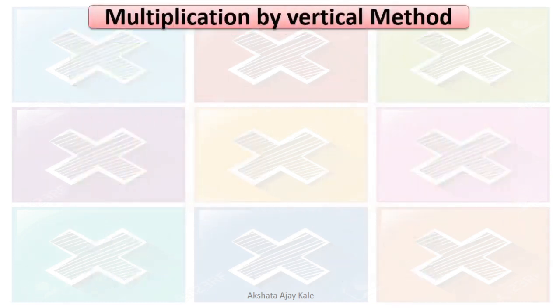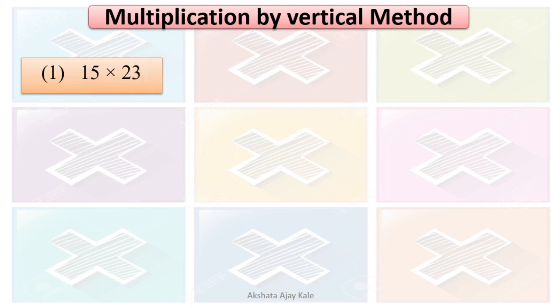Here we will take a 2-digit number by 2-digit number. See here, we are going to multiply a 2-digit number by a 2-digit number. We have done this by using the lattice method in the first part, but here we are going to use the vertical method for the same.